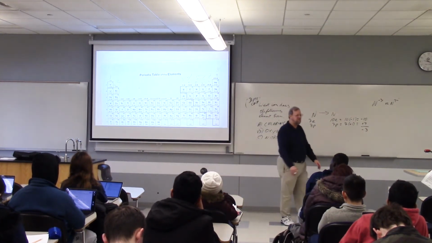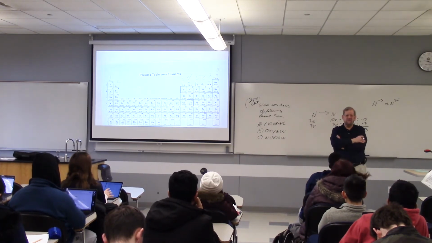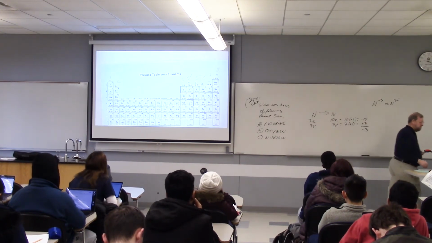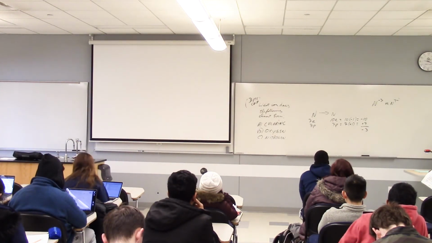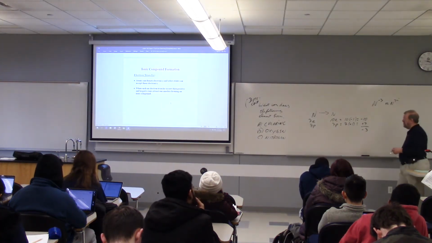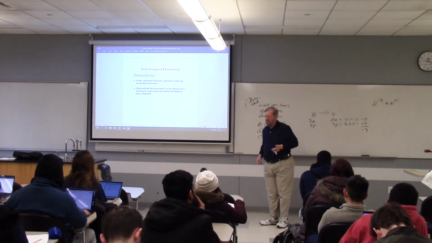Now, the question you should be asking is, all right, so now I know about ions. What good is that? Why should I learn about that? It's always a good question to ask. Well, let's find out. When you're forming an ionic compound, what happens? You have electron transfer.